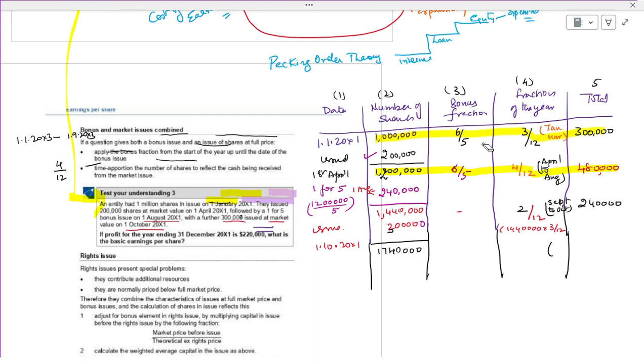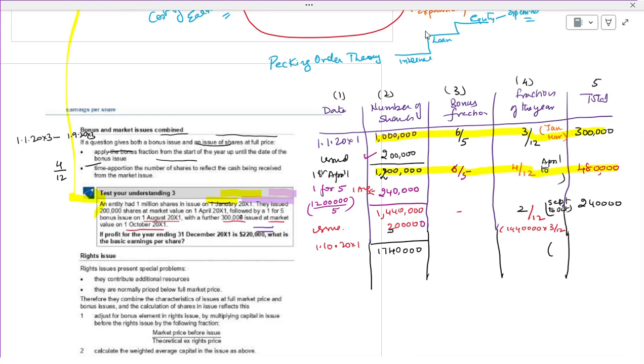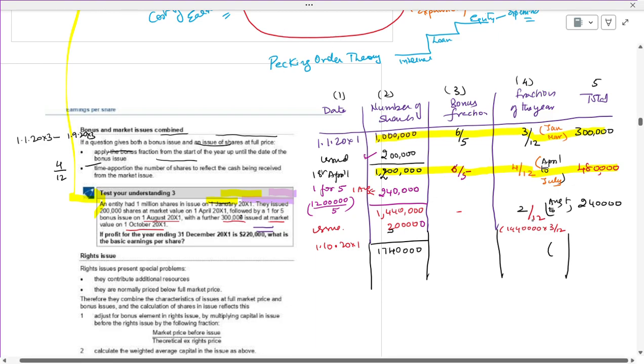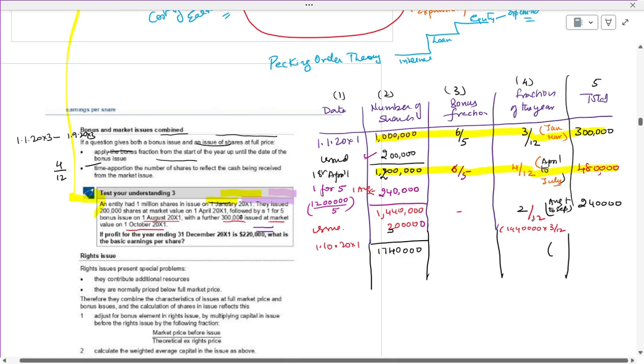January to March, April to July, because 1st October, okay? Here August to September, because 1st October, is it right?